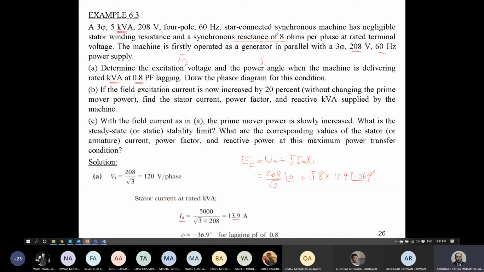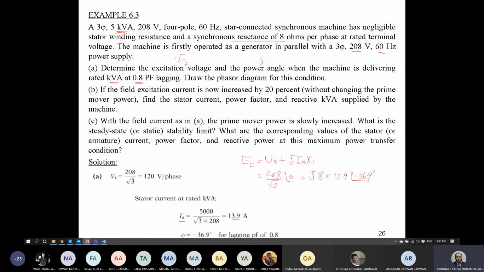Then, what are the corresponding values of the stator or armature current, power factor, and reactive power at this maximum power transfer condition? We have EF as in part A, however delta is 90 degrees.